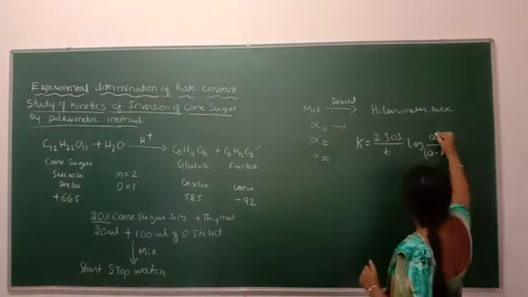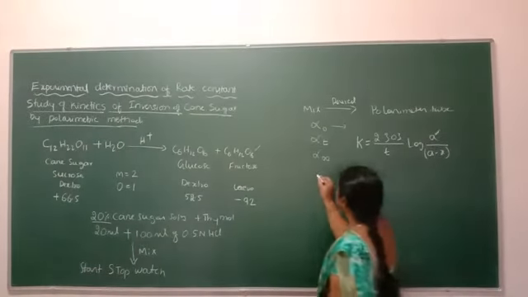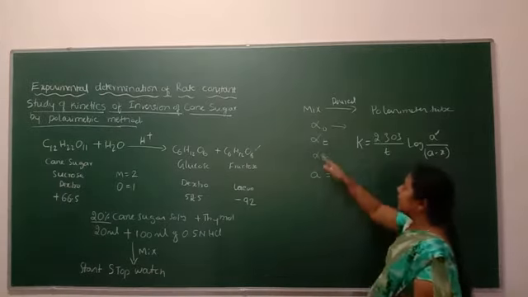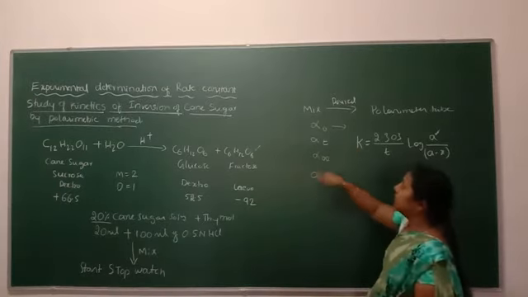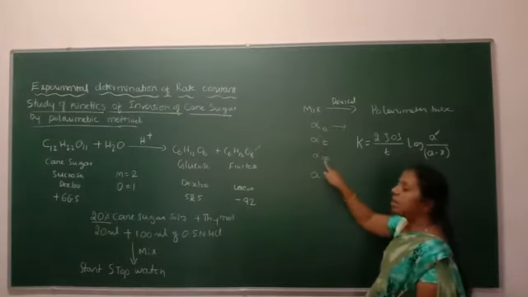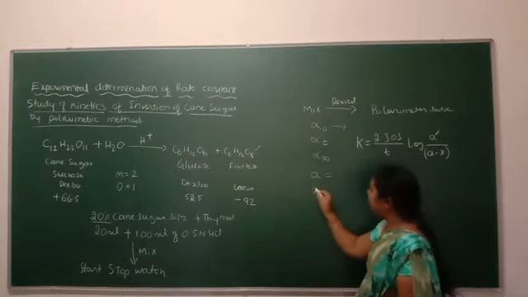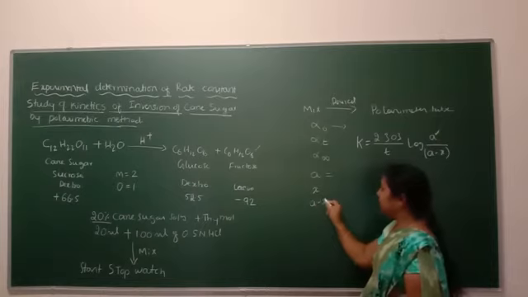Now, to calculate the value of a, this can be calculated in terms of these three, that is alpha naught, alpha t, and also alpha infinity. By using these three, we can calculate the value of a, x, and also a minus x.